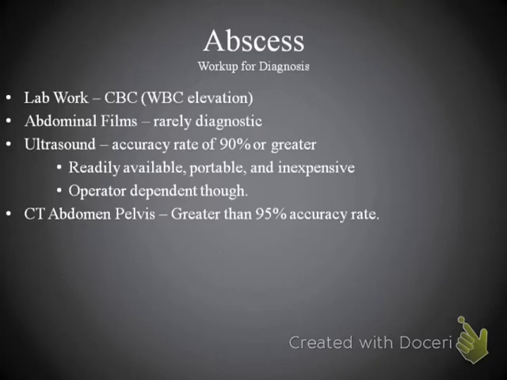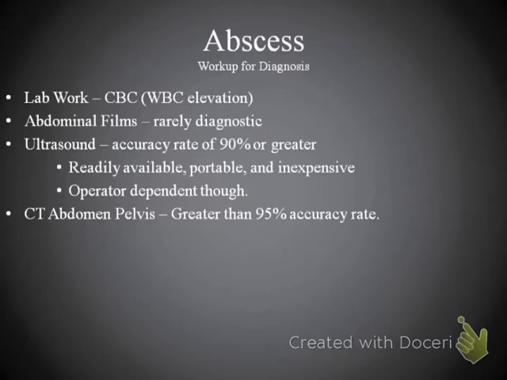That brings us to CT abdomen pelvis. Usually this can be performed without contrast. Many times it's performed with IV contrast if you're specifically looking for an abscess, so that you can see the uptake of iodinated contrast throughout the inflammation.